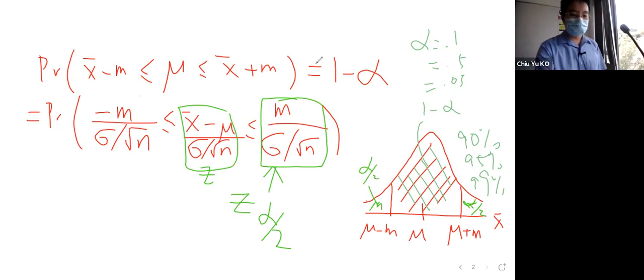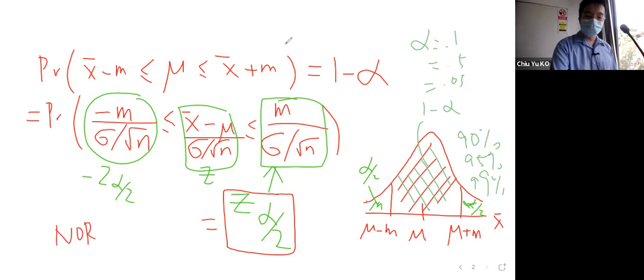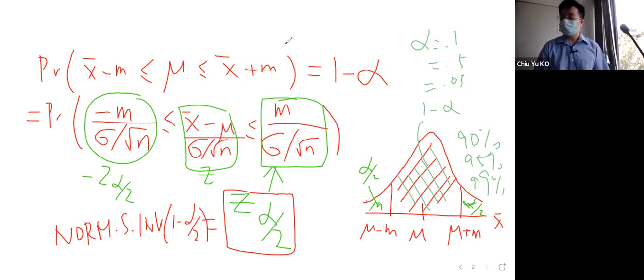And this guy is negative Z alpha over 2. Just to remind you how to calculate Z alpha over 2: this is just norm inverse of 1 minus alpha over 2, where this tail is alpha over 2 and this guy is 1 minus alpha over 2.